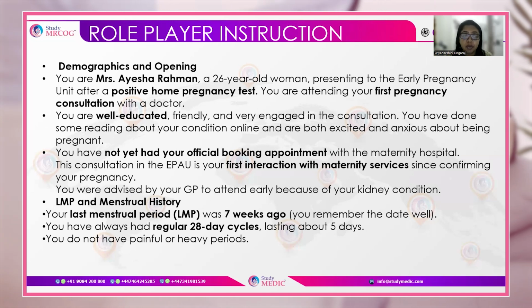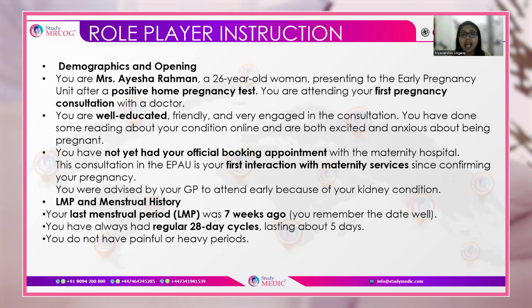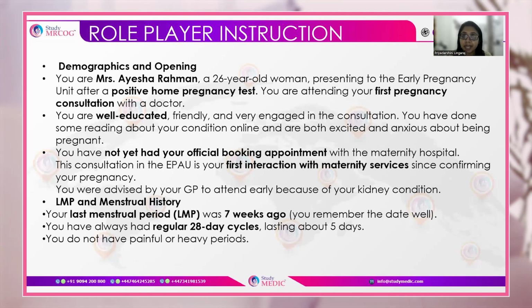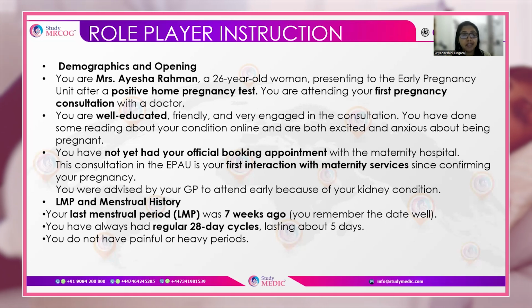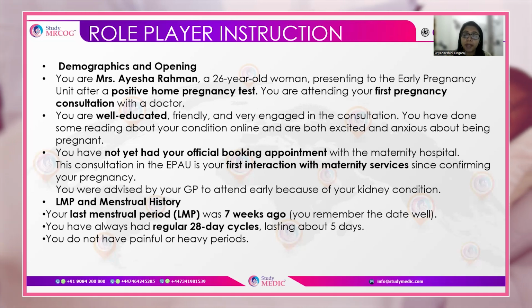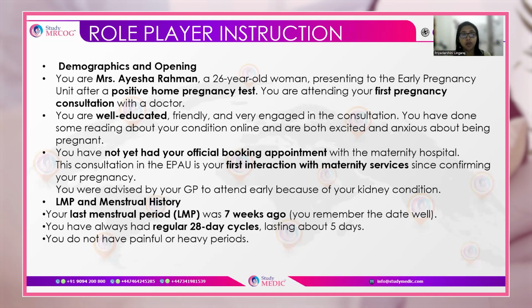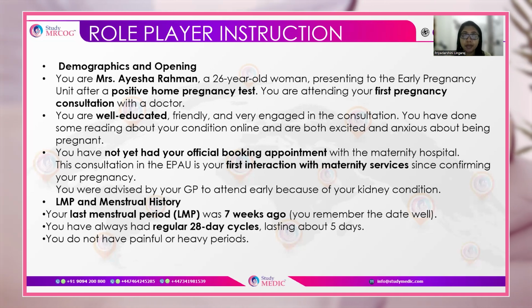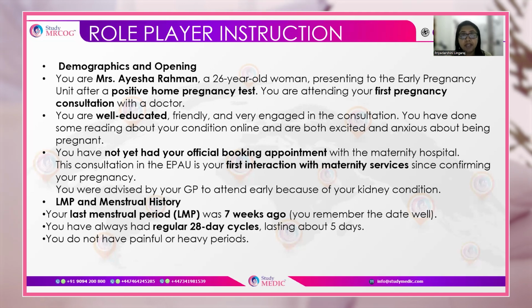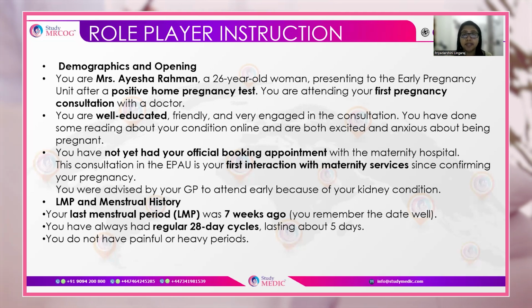Not only that, the role player will also be instructed on how to act and what the mood is going to be like. So if you get an angry patient or a difficult patient, do not worry. The role player is just acting according to the script provided, and only the information provided to them will be shared. So please do not worry if the role player is not giving you a certain amount of information.